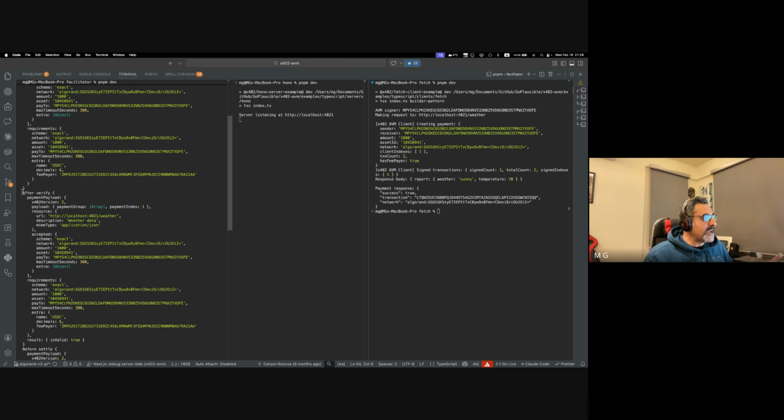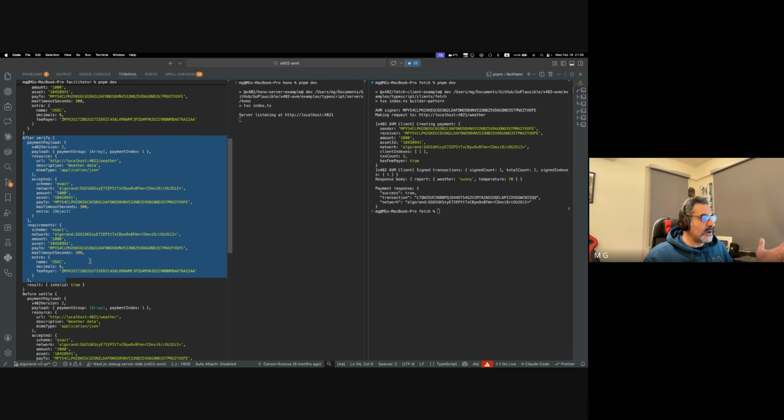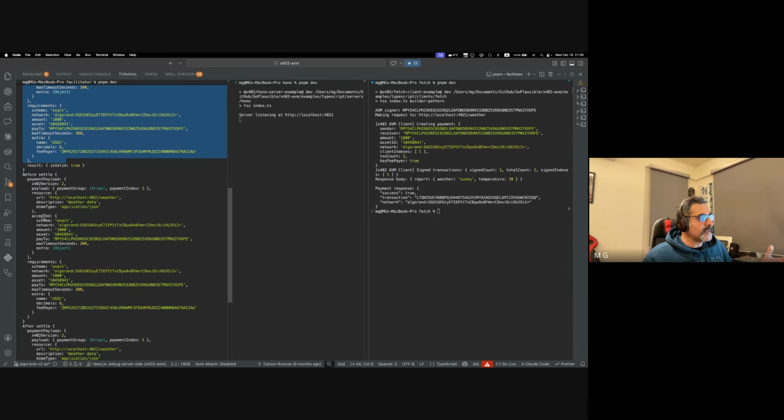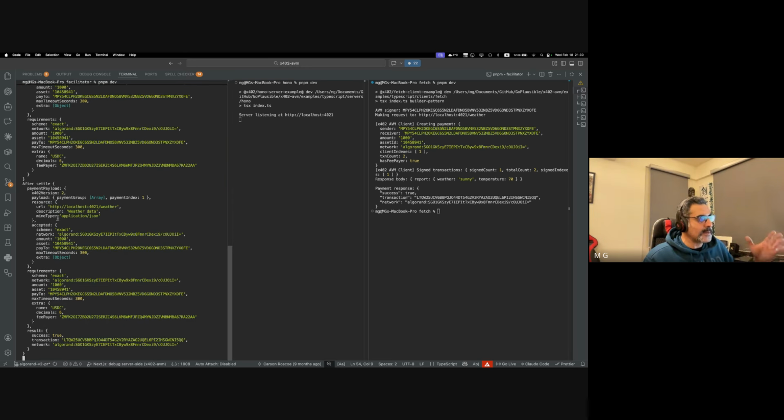And after verification, this is the result of verification. Okay, everything is cool. The payment transaction is here. The unsigned fee abstraction transactions are here. And the settlement result, before settlement and after settlement, are logged, which says everything has been taken care of. The transaction has been simulated and everything is cool.